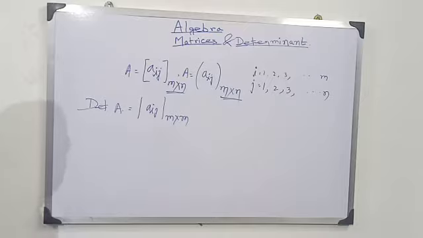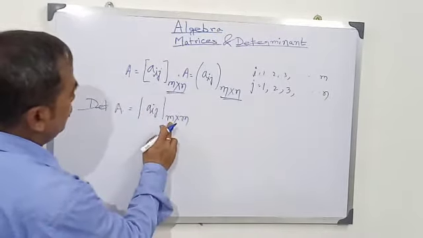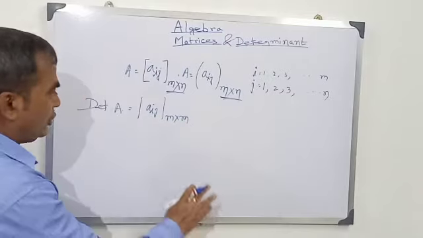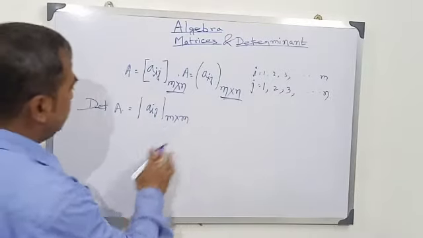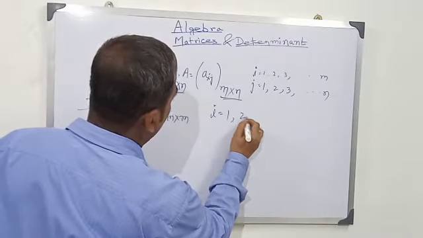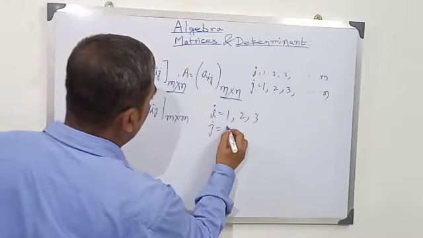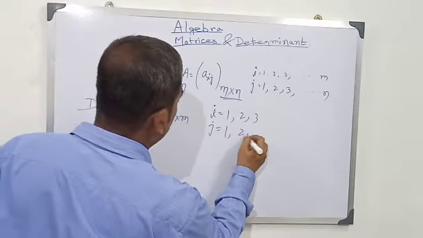Now if I say this is the square matrix, with n columns and n rows only, let us take i equal to 1, 2, 3, and j also equal to 1, 2, 3.